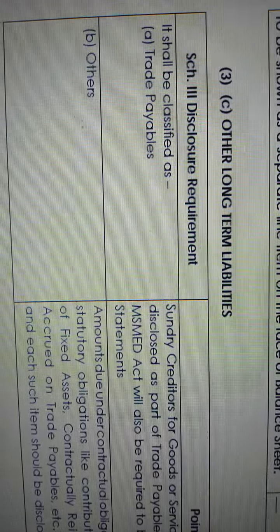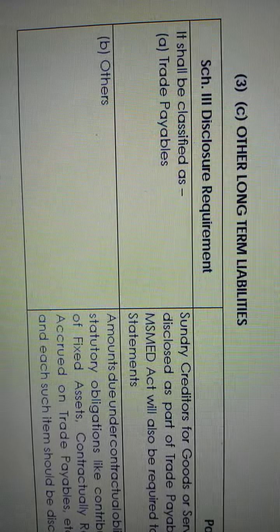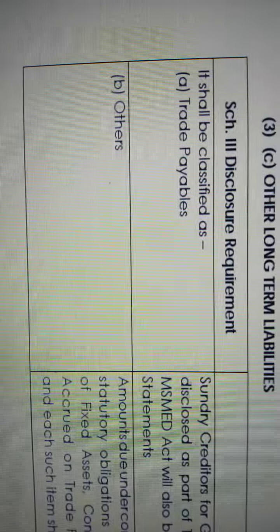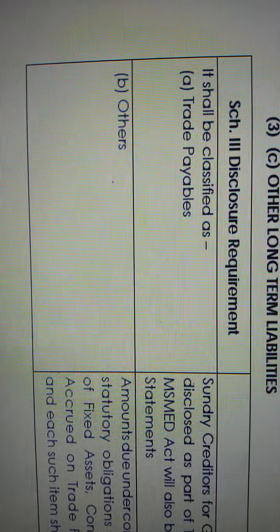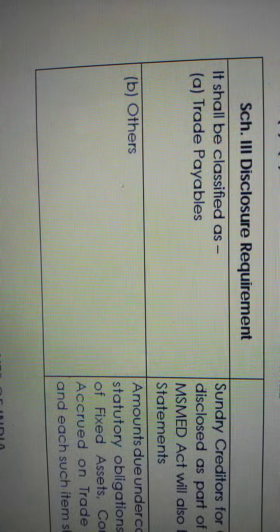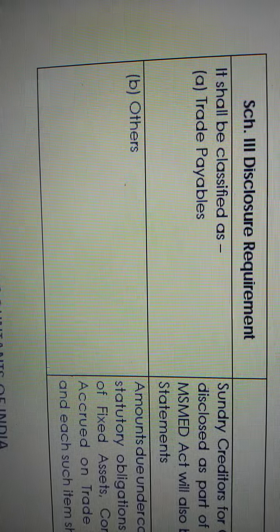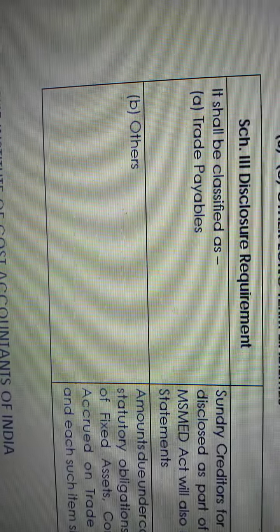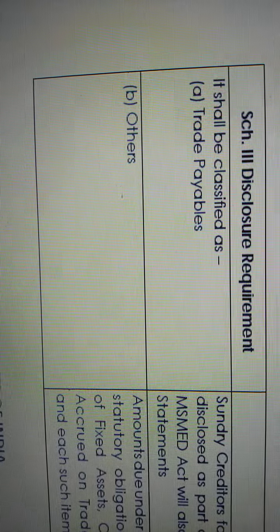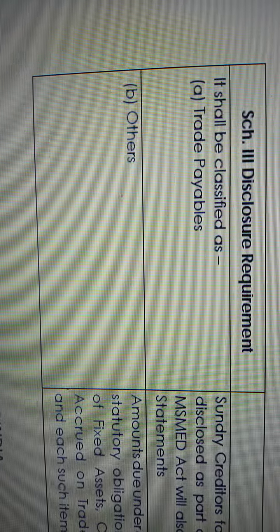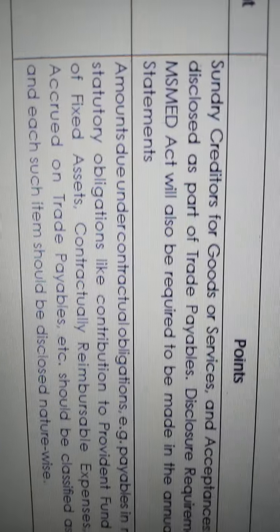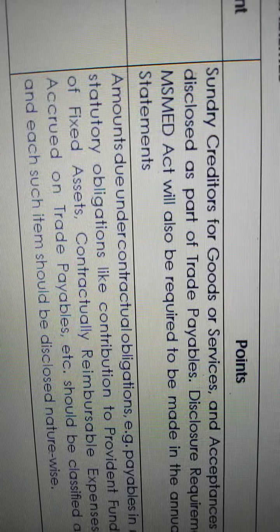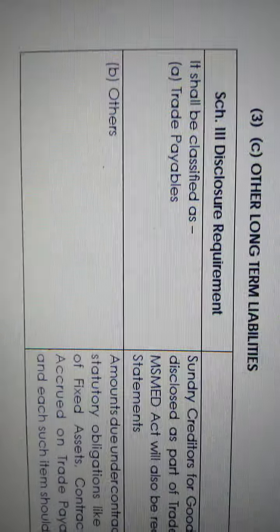Other long-term liabilities. Any other thing? Trade payables. What is trade payables? Trade payables should be related directly to my business, my operation. If anything is payable directly related to my business, for example sundry creditors for goods or services accepted, it should be disclosed as a part of trade payables, because that is related to my business.